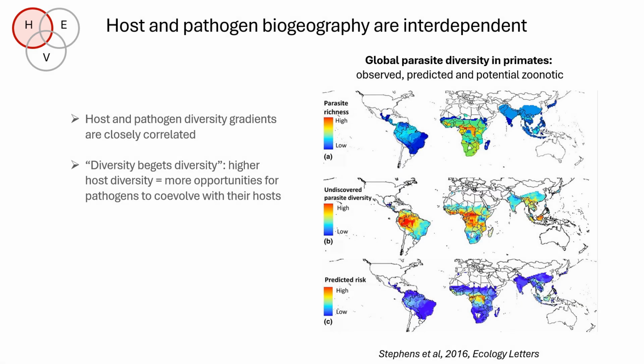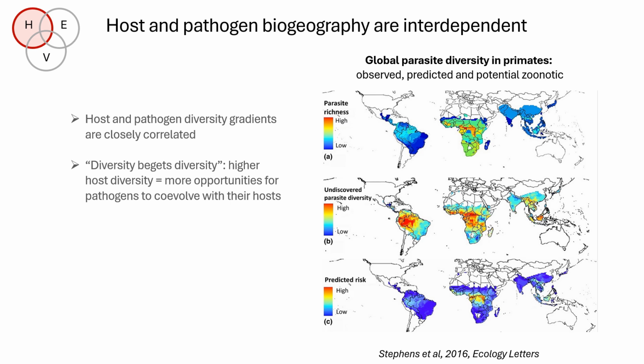So firstly, at the biogeographic scale, we know that host and pathogen biogeography are deeply dependent upon one another. These maps here show global patterns of parasite diversity in primates. The top map here shows observed parasite richness in primate species. So we can see there are clear regions where there is a very high diversity of known parasites in primates.